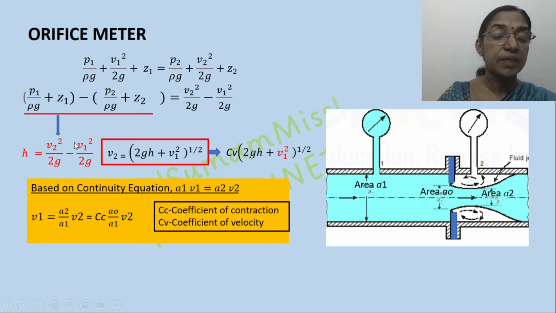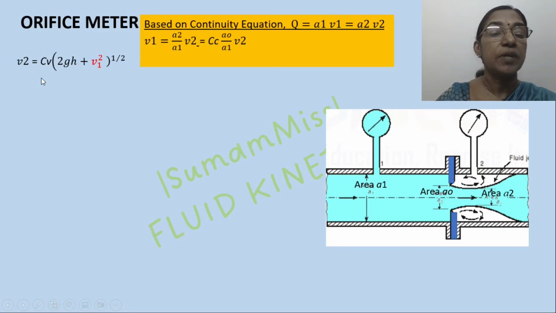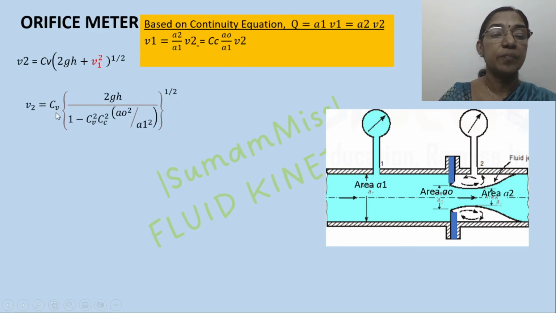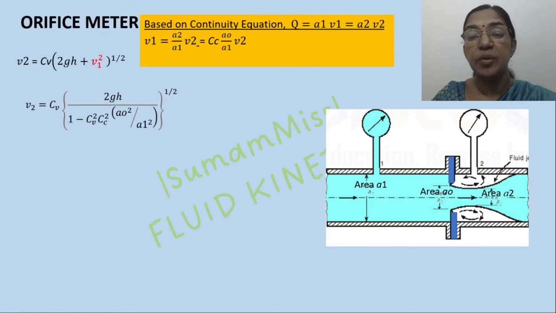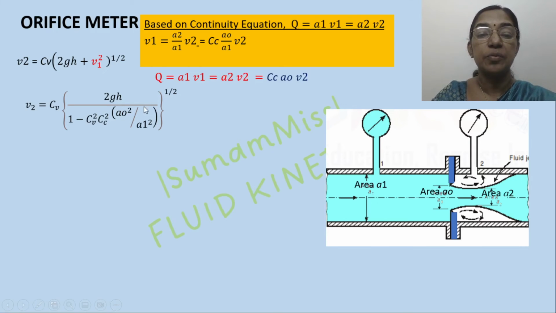Now if we substitute the value of V1 as Cc into A0 by A1 into V2, then V2 can be written as V2 equal to Cv into (2gh by 1 minus Cv square Cc square into A0 square by A1 square) raised to half. But based on the continuity equation, discharge equals A1 V1 equals A2 V2.